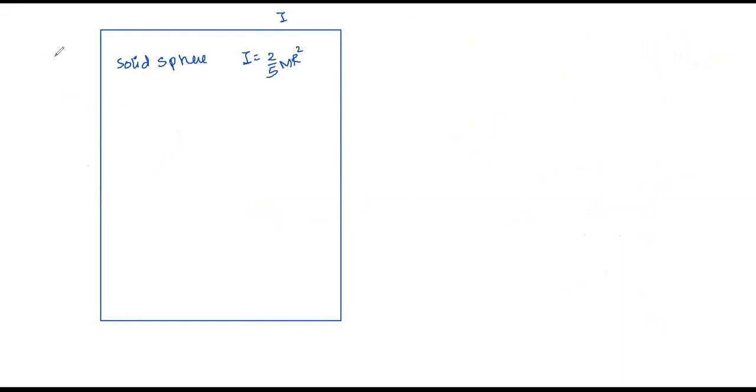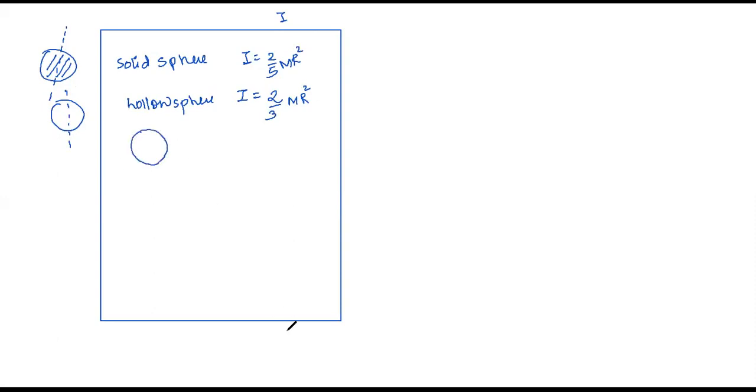Now, for a hollow sphere, also about the center, how much? Any idea, Atul? We used it some time back. 2 by 3 m r square, right? Yes, sir. Okay, what about a ring, through the axis about the center? So this is the ring.